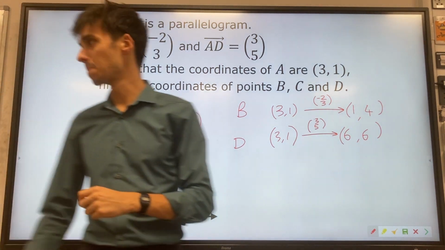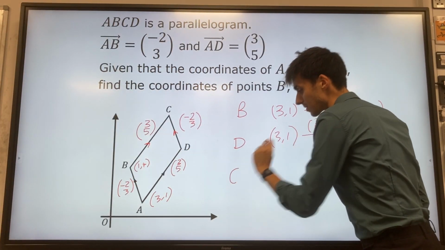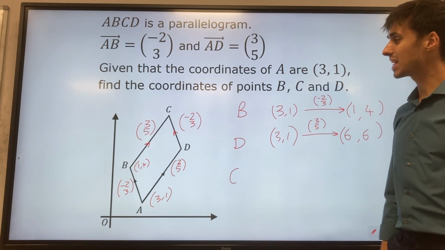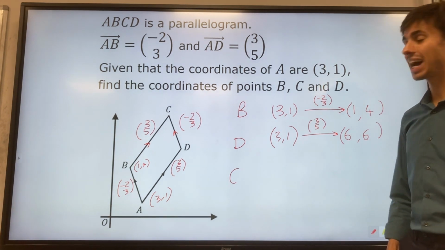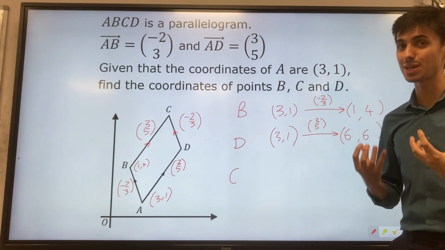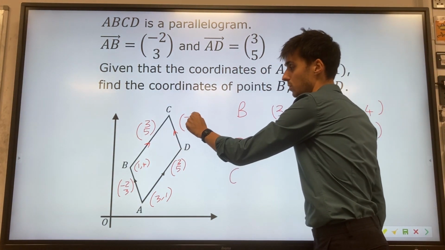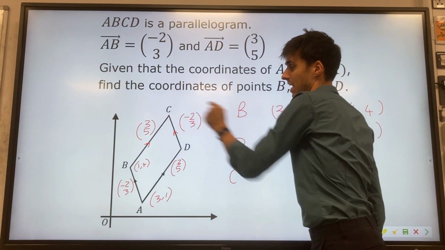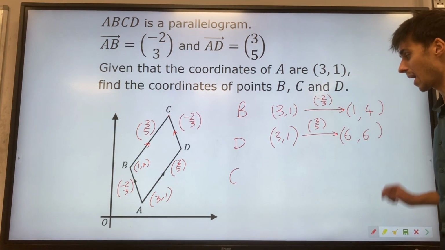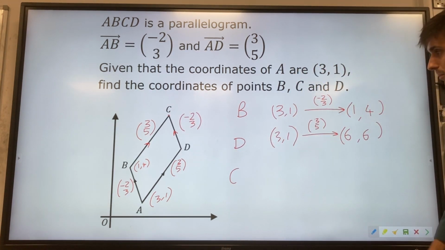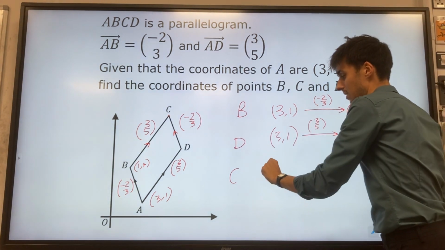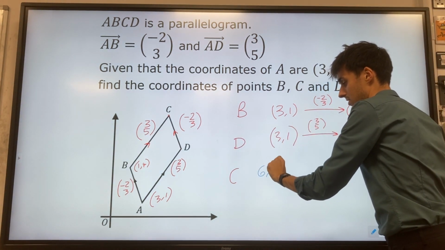Now we can do C. So I'm going to write down C here. And to get to C, we've actually got 2 different ways. And it's a really good idea to check both to see if it works. We could go from D and do this vector minus 2, 3 to end up at C. So let's try that. I'm going to go for a different colour as well. So we could start at D, which was 6, 6.